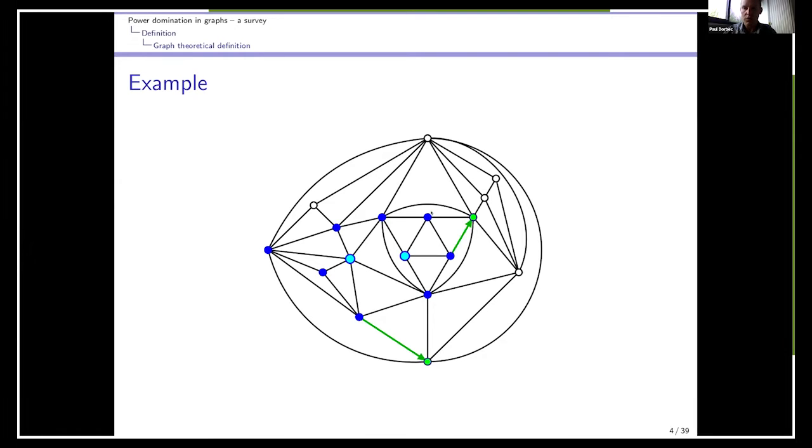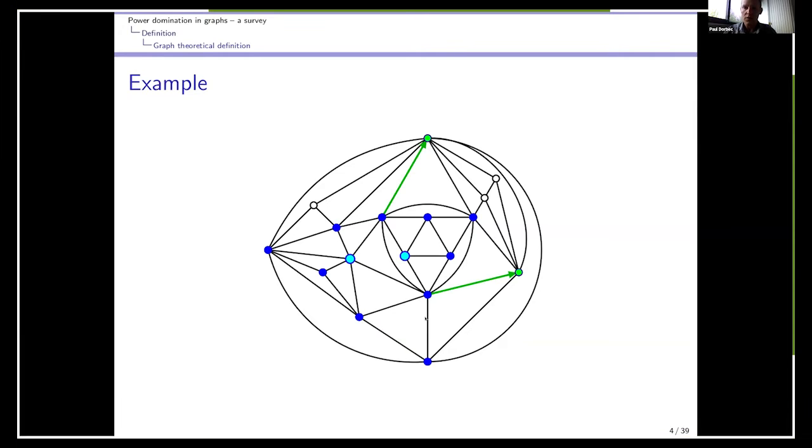So at the next step, this vertex had all its neighbors monitored, blue, except this one. So we will add this green vertex to the blue set. And the same for this one. All of its neighbors were blue, so we will add this green vertex to the blue set. And once we've added these two vertices to the blue set, we have some new identical situations.